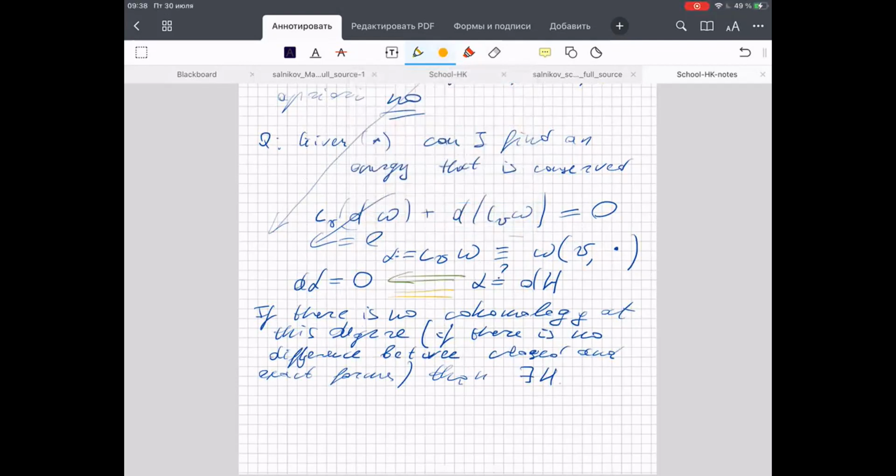In this direction, not necessarily, but cohomology precisely measures the difference. So if there is no cohomology, and this is a geometric property of the space you are living in, then you can always integrate. When the space is R^n, that's fine because there is no topology. So this is one point.